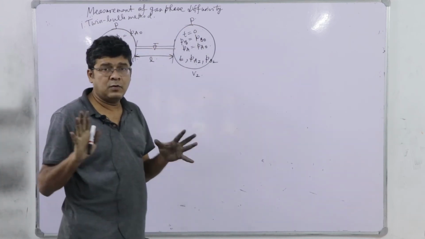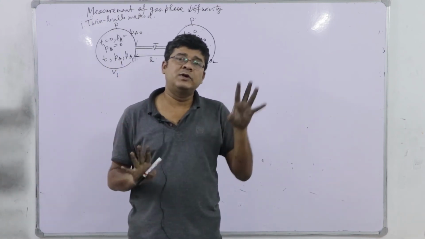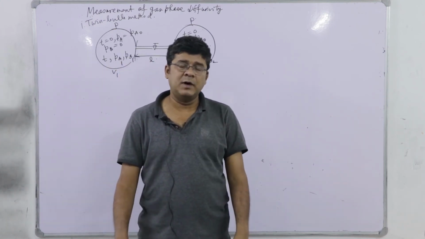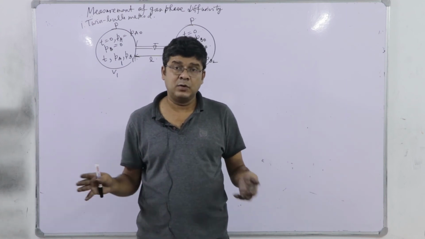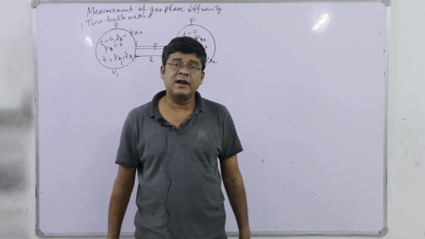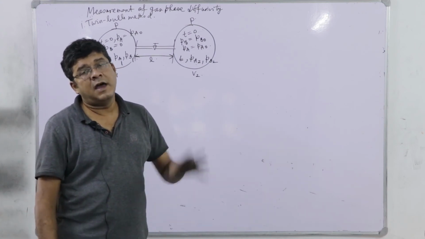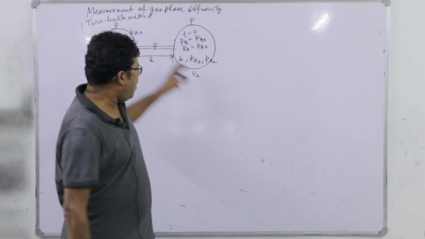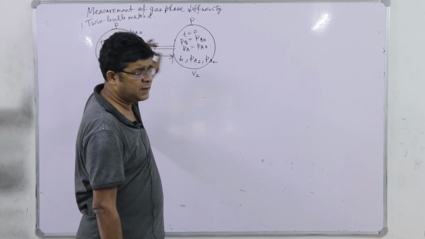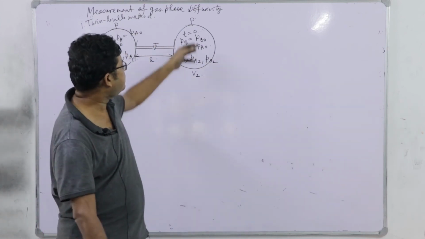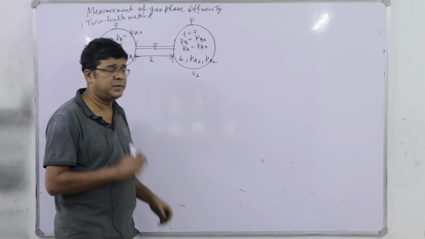Because if we keep two different pressures in the two bulbs, there will be bulk flow, right, and that will complicate the situation. So, we have to keep the same pressure in the two bulbs, and one we fill with pure A, the other we fill with pure B.